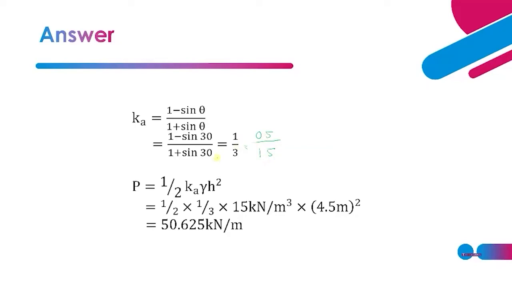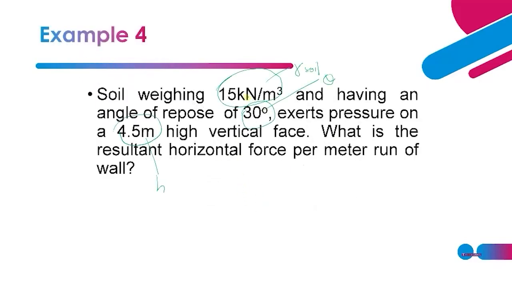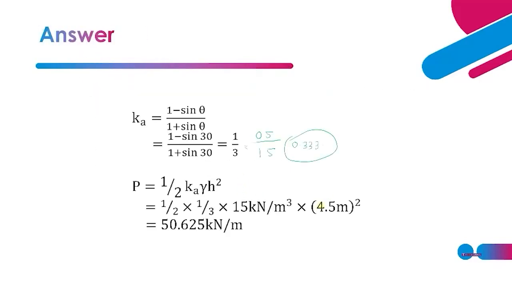Ataupun kalau you calculate directly, you tak buat dalam bentuk pecahan macam ni, you buat dalam bentuk decimal, so you dapat 0.333. We're going to calculate the pressure due to retained granular material. 1 over 2 times Ka times unit weight of soil times H. 1 over 2, Ka calculated 1 over 3, 15 the unit weight of soil, H is 4.5, the height of soil. I dapat 50.625.